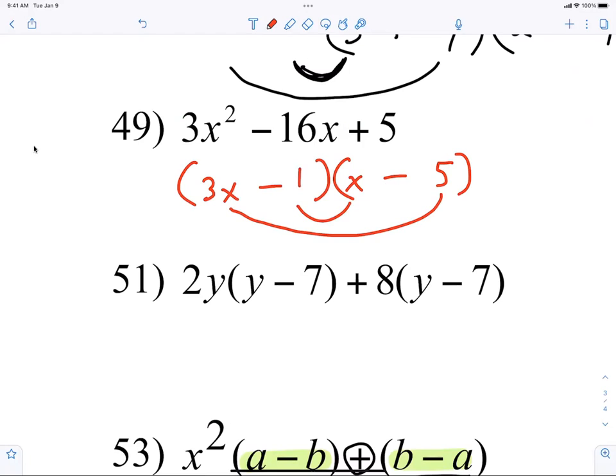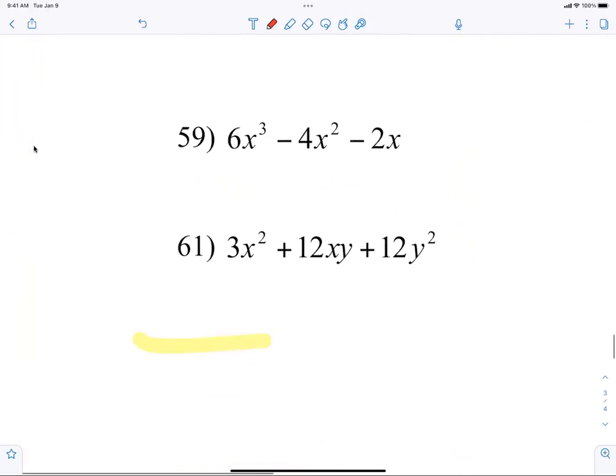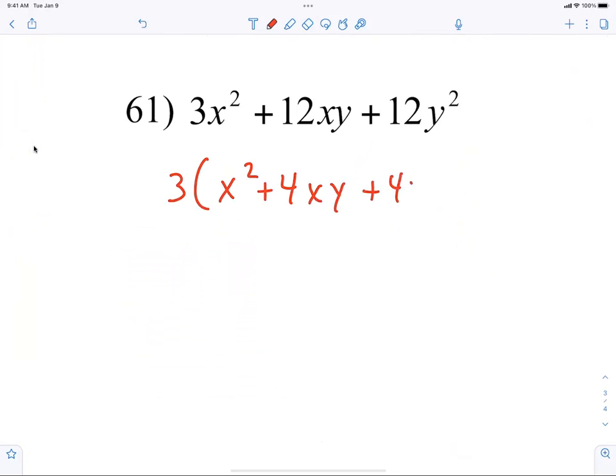All right. Somebody else? Anybody else with questions? Tell me, Ashley. 61. Here we go. Is there a GCF here? 3, 12, 12. Yeah, it's 3, right? So I quickly pull out the 3: x squared plus 4xy plus 4y squared. 3, 2 sets of parentheses.